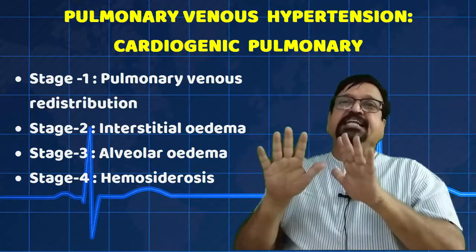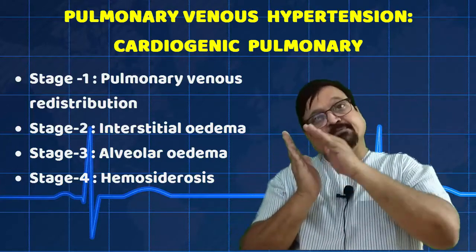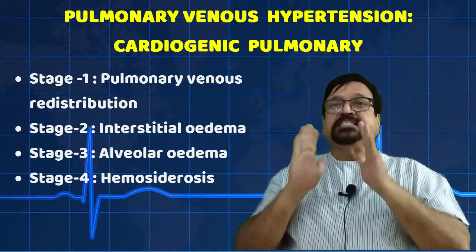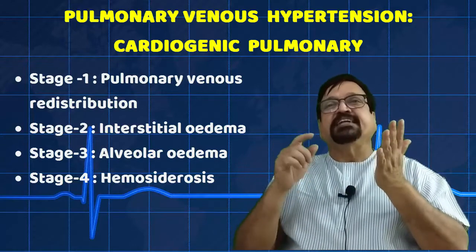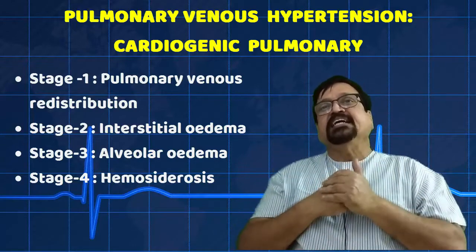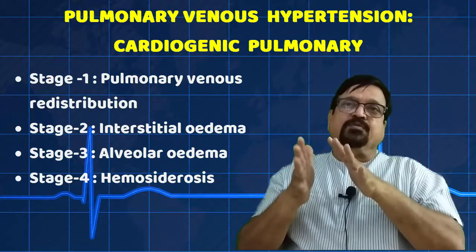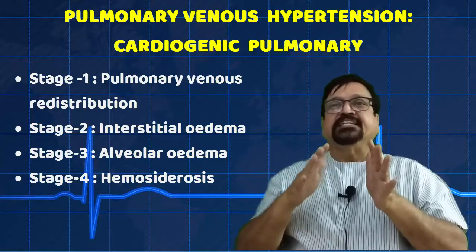Initially, when there is increase in pulmonary venous pressure, the blood escapes into this space, that is called redistribution. Then there is a second stage, when there is more increase, then there is interstitial edema, that is interstitial fluid content will be more than what it can accommodate as a reservoir. So that is interstitial edema.